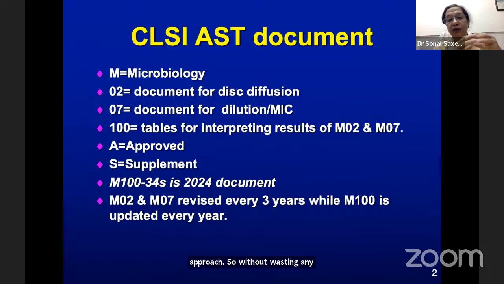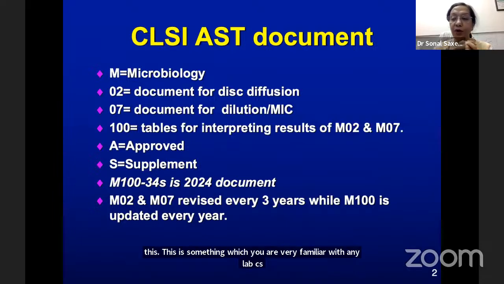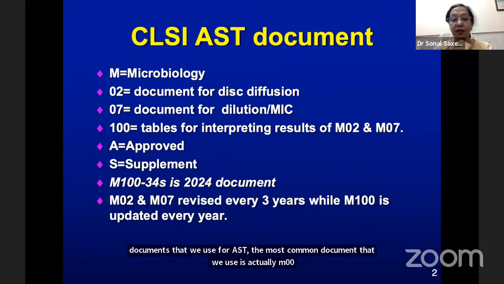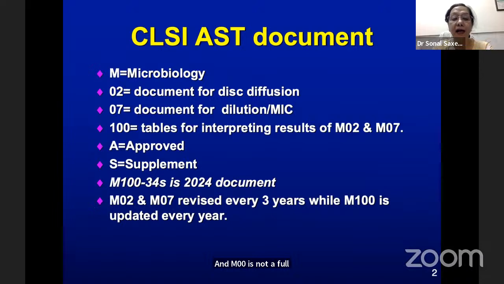This is something which you are very familiar with. Of the CLSI documents that we use for AST in the lab, the most common is actually M100. And M100 is not a full document. It is an addendum to M02 and M07. M02 gives you the document for disk diffusion.